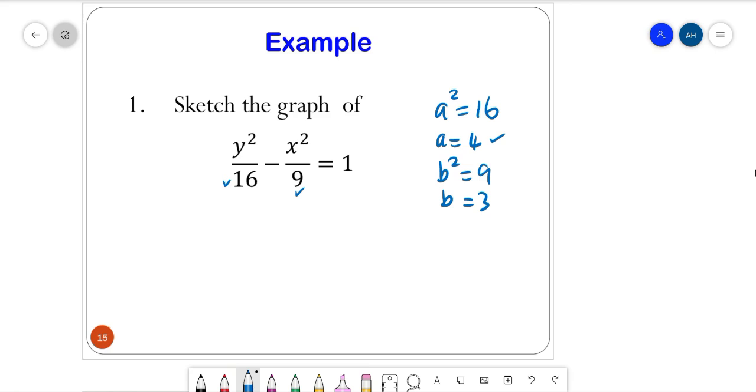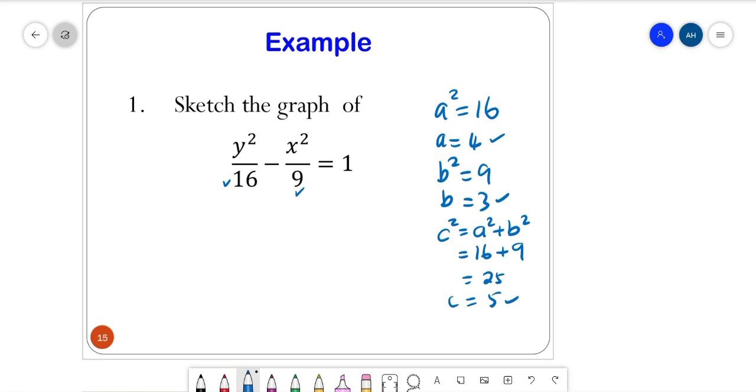Alright, so how to calculate c? Remember, c square equal to a square plus b square, right? And a square is equal to 16 plus b square equal to 9. So we have 25, that is c square. Therefore, c equal to square root of 25 is equal to 5, right? So we have a equal to 4, b equal to 3, and c equal to 5.